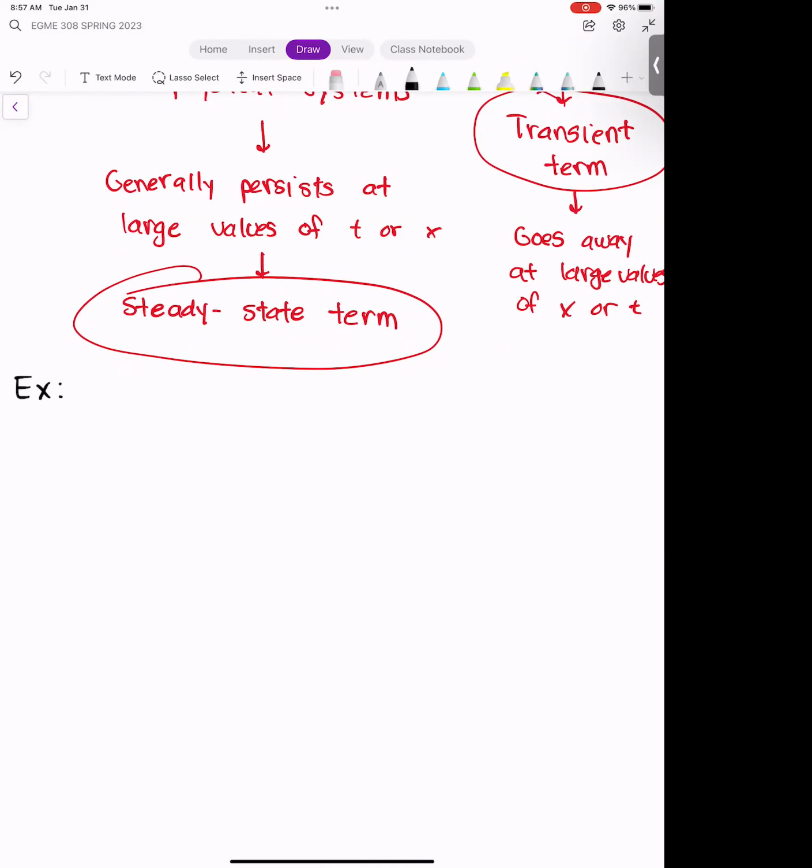Okay, so for this example, we're going to look at an electrical circuit. In particular, we're going to look at what's called an RL circuit, which is a circuit with a resistor and an inductor, and we're going to include a battery as well.